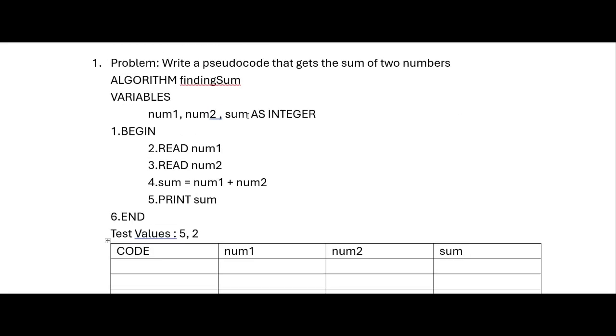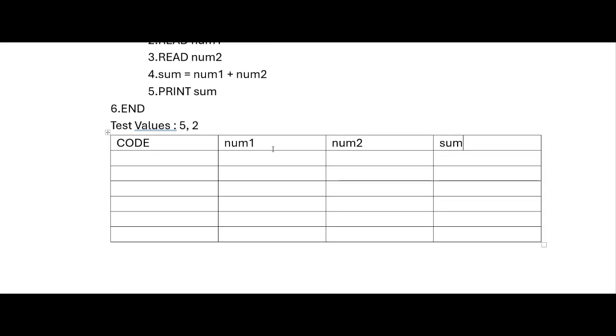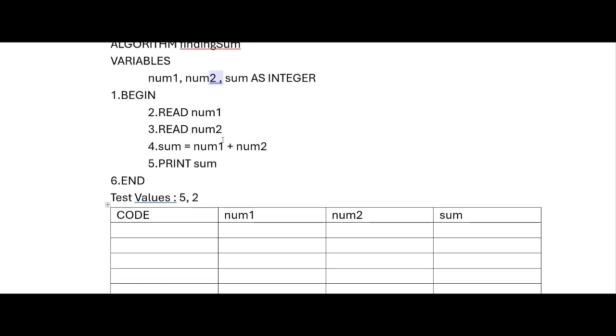Our third column will be tracking the values in num2. And our fourth column, we will track the values inside of num3. All right. So we have our code, our column to track the value of num1, num2, and, I said num3, but that's my bad, it's actually sum, right? Because we have num1, num2, and sum. So during each line of code, we will see what is the value of this variable at that current line.